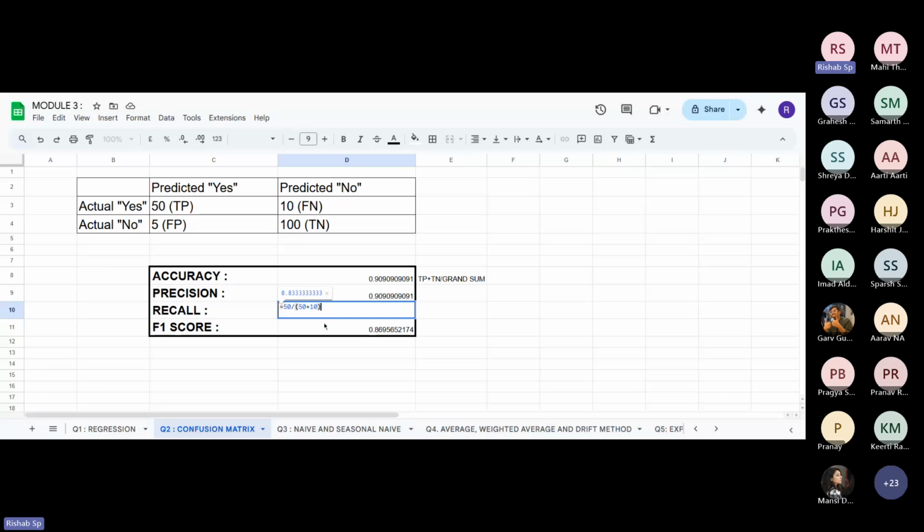TP divided by first row. 0.83 is the answer. Precision, TP itself divided by first column, TP plus FP. Recall, TP divided by first row, TP plus FN.